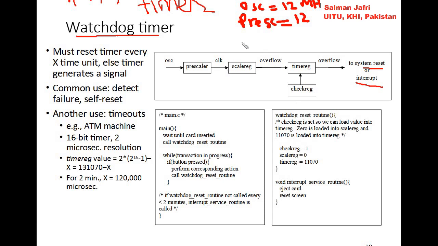So what is this clock? Clock equals oscillator divided by prescaler, which is 12 divided by 12 equals 1 megahertz.